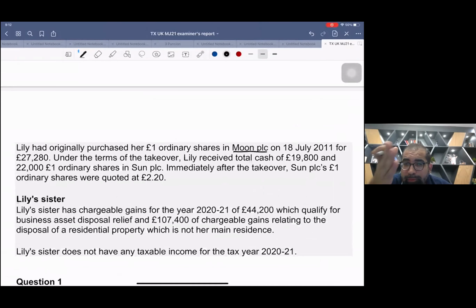In the exam, you will find these things, and this is a real exam question. This came in June 21, very near. So you will find such a question in the exam, so you have to think very deeply. Lily had originally purchased her pound one ordinary shares for 27780. Wait, let me make a box.